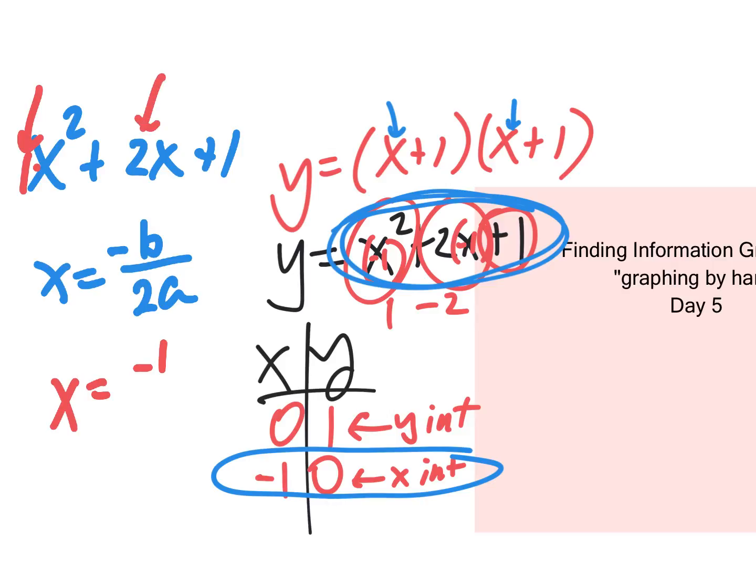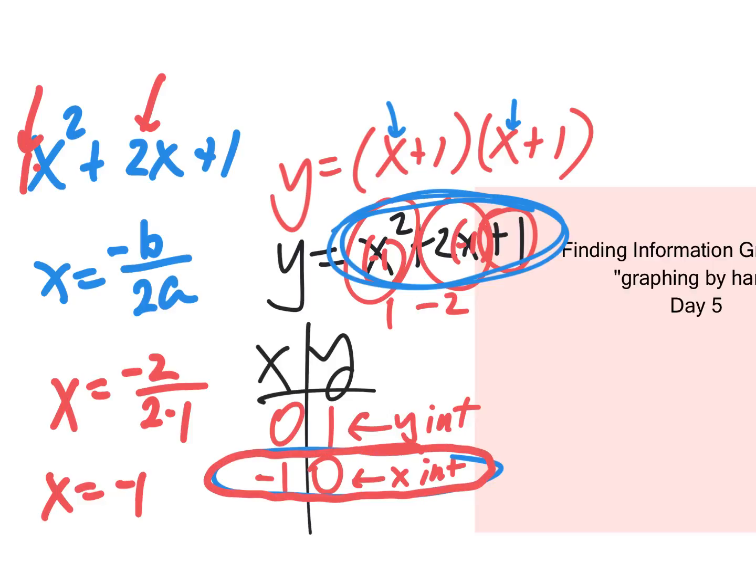Okay. So, -b over 2a. So, -2 over 2, and that is -1. Wait a minute. That spot right there, we already have it. That means the x-intercept is the vertex.